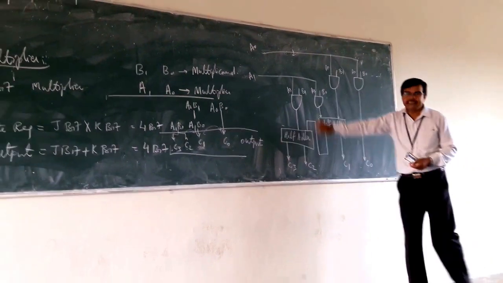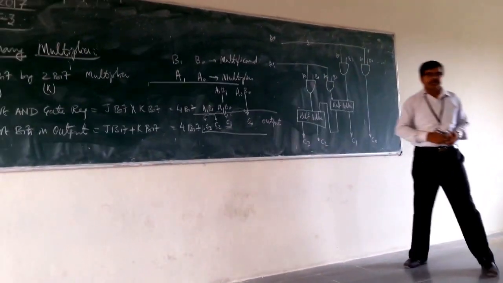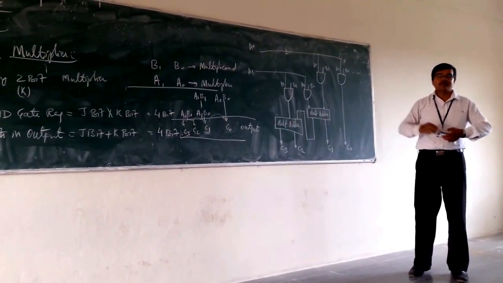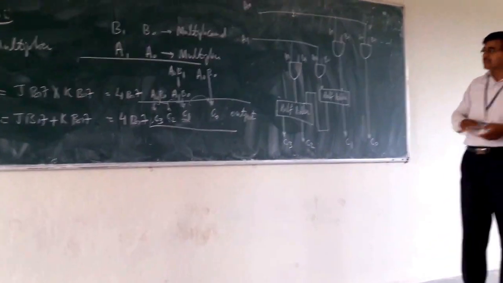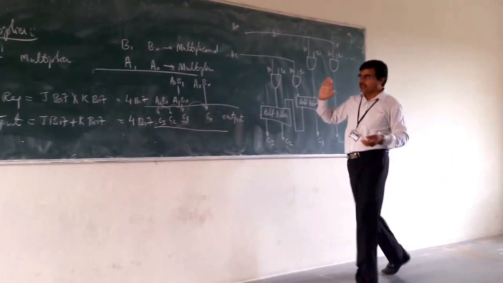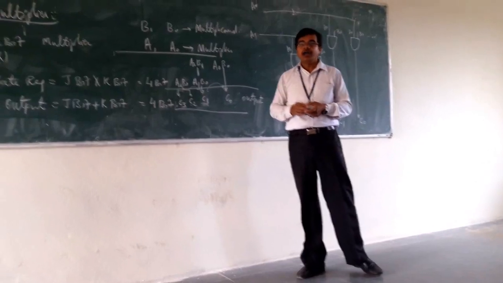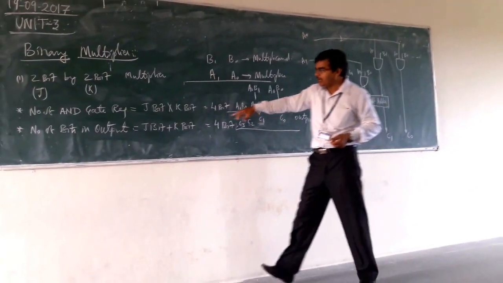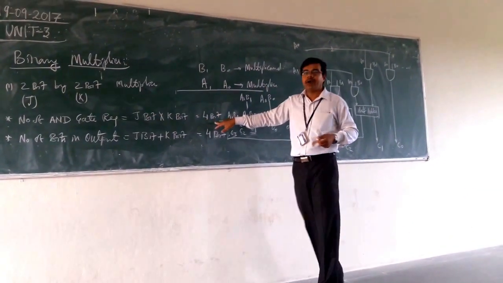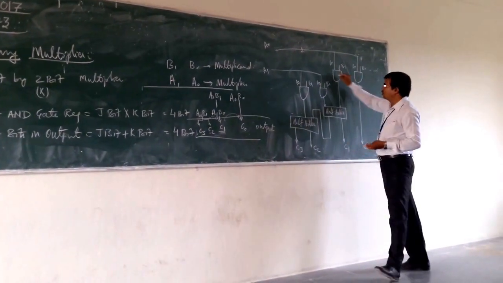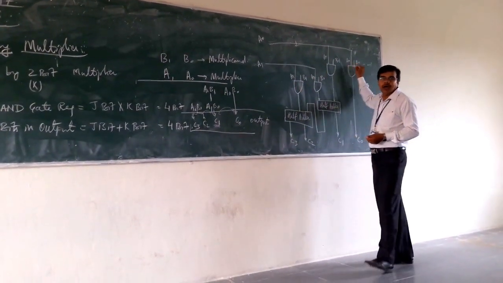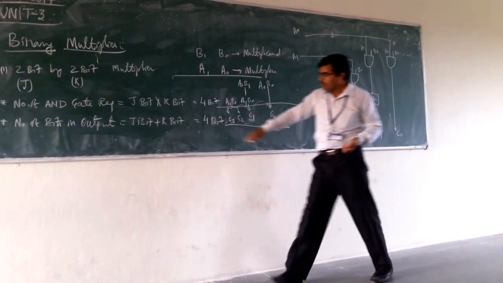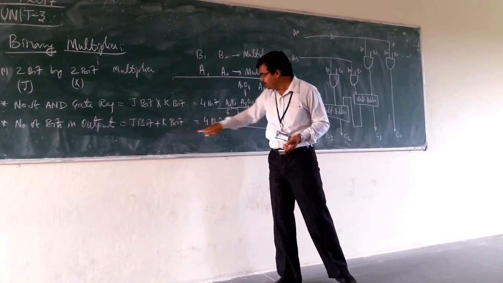Now this is the circuit that we have designed, that is of your binary multiplier. We will see to what extent it is satisfying the required conditions. First, it is telling that the number of AND gates required is 4. So 1, 2, 3, 4. These are the AND gates. And it is telling that the number of output bits is 4.